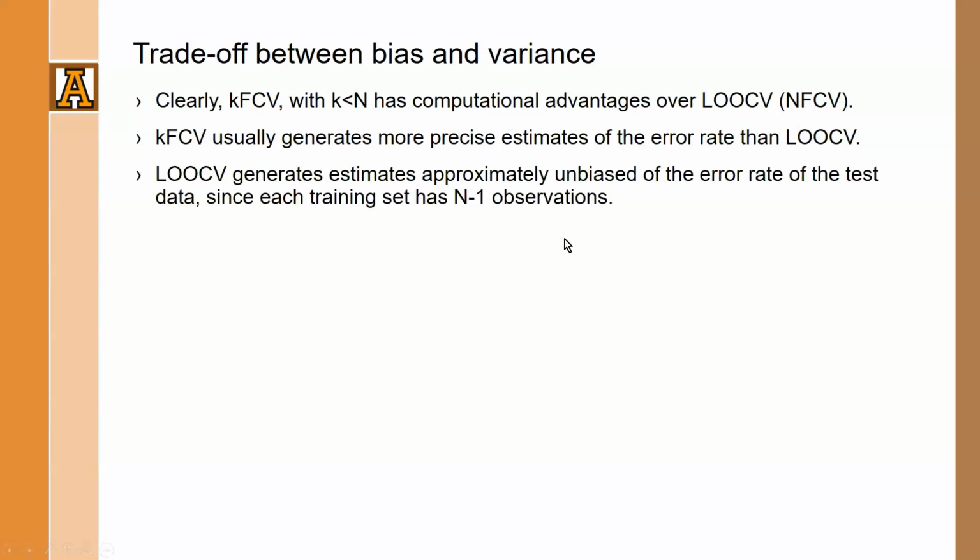Leave-one-out cross-validation generates approximately unbiased estimates for the error rate, since each training set has n-1 observations. So it's almost unbiased, but has higher variance, because the data that I'm using for training is essentially the same, so the results are correlated.